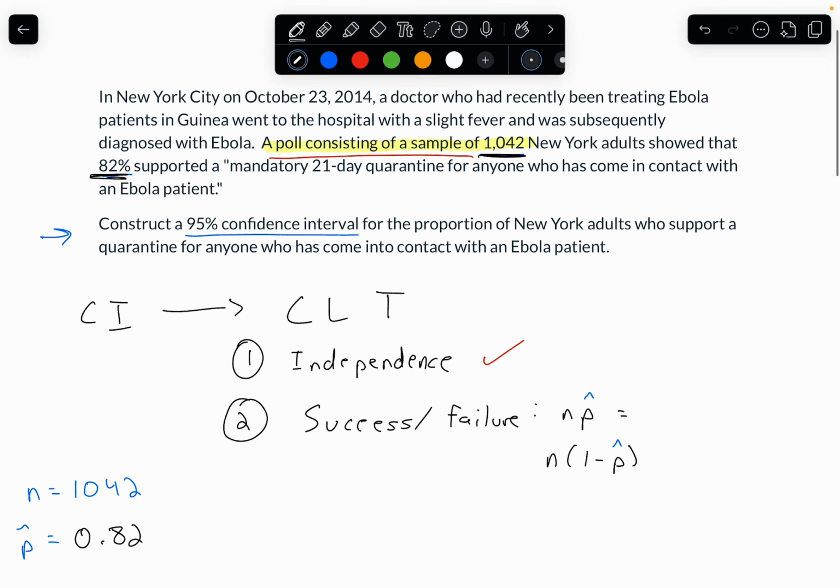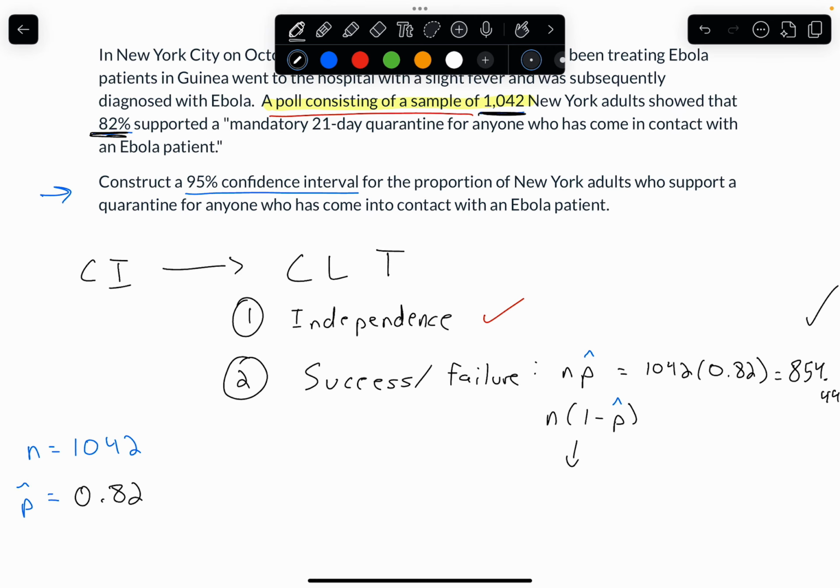n we said was 1,042 times p hat, which is 0.82. Let me grab my calculator. So I have 1,042 times 0.82, and that gives me 854.44, running out of room. That's greater than or equal to 10, so that works. And then n times 1 minus p hat: 1,042 times 1 minus 0.82.